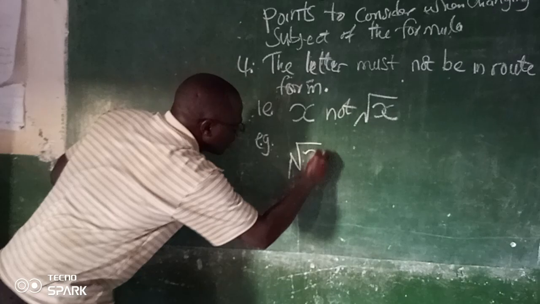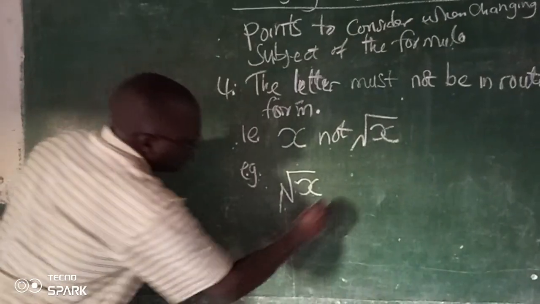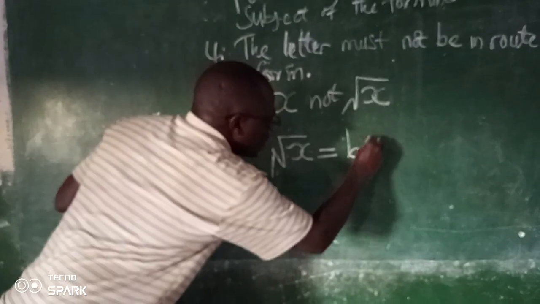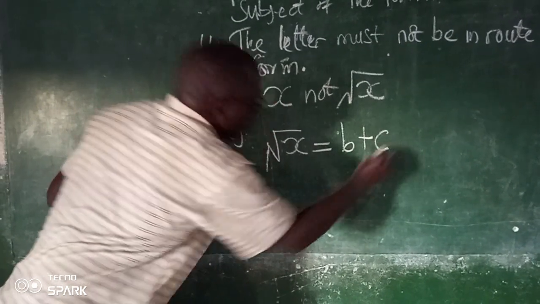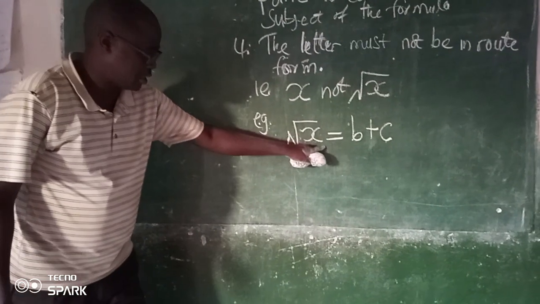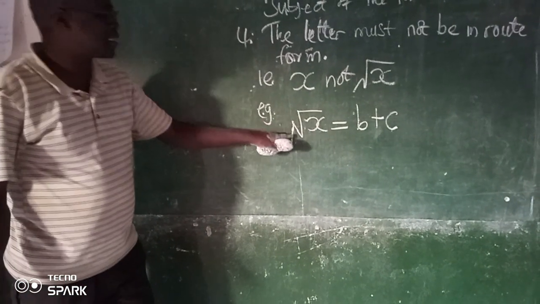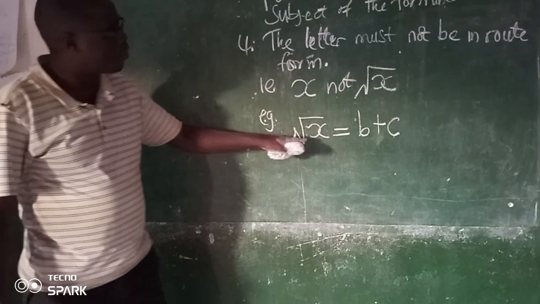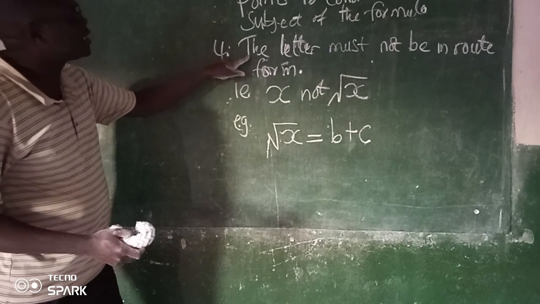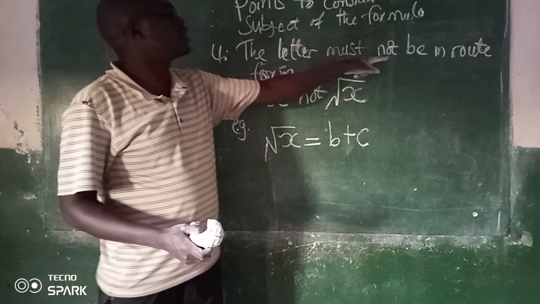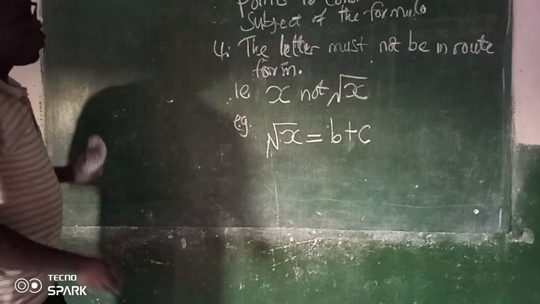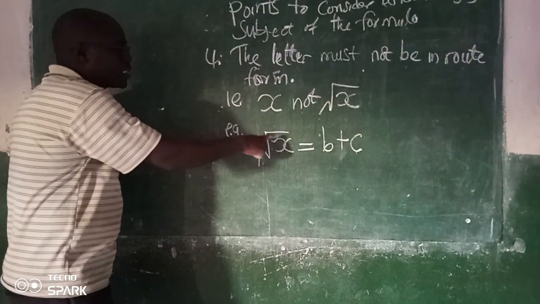Root X is equal to B plus C. They ask you to make X subject of the formula. But you can see that X is in root form. But what is the rule saying? The rule is saying that the letter must not be in root form. So we need to move this X from this root.